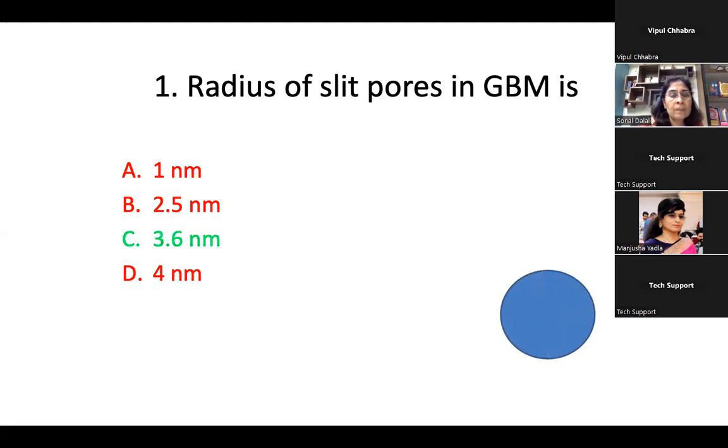Time up. The correct option is option C. It is 3.6 nanometer.